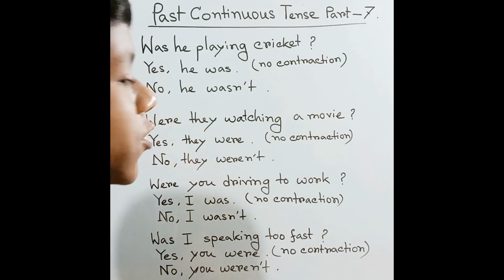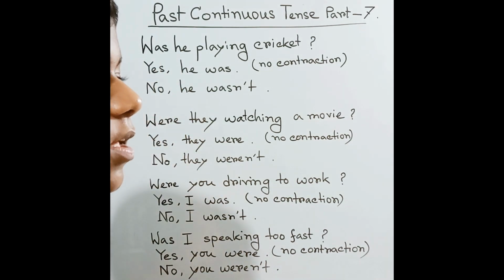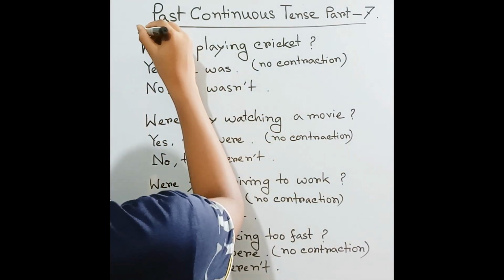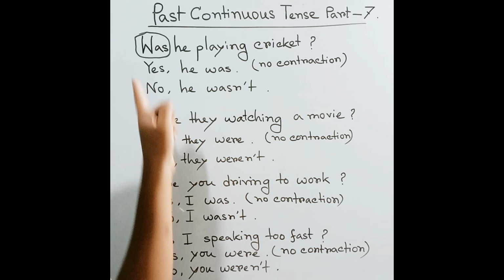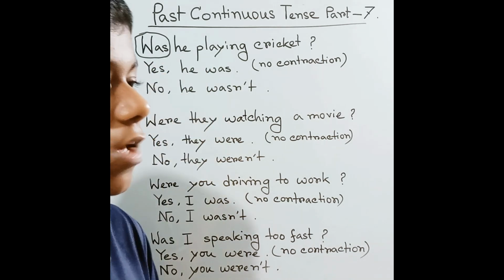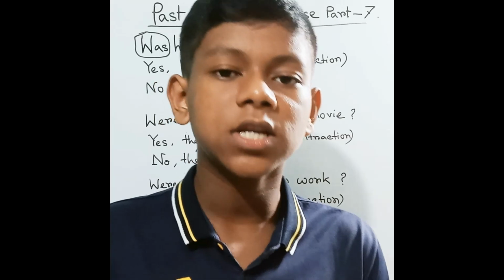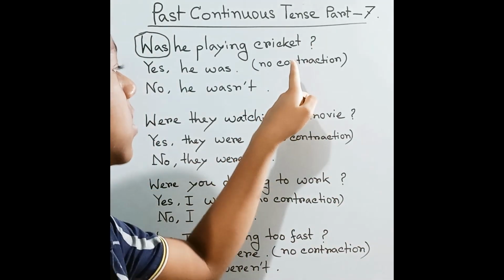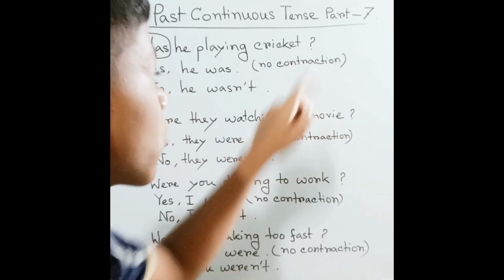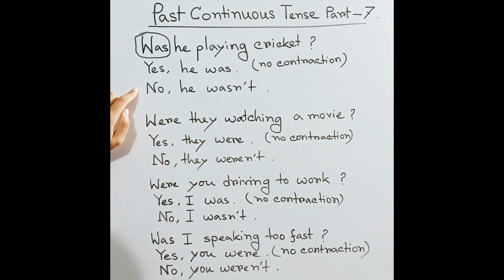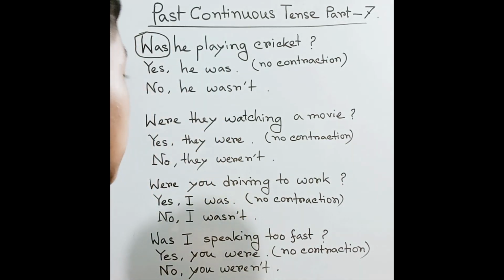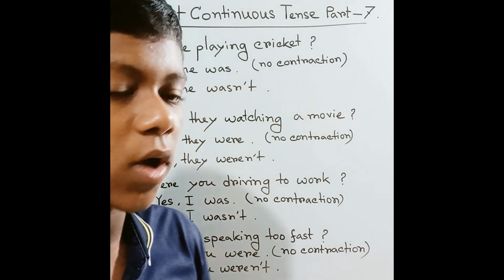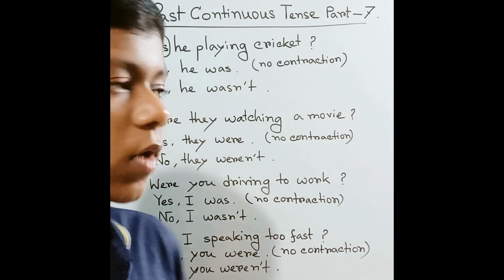The helping verb starts with was, so we have to answer it with was. I forgot to tell you, in the positive sentence we don't use the contraction, but in the negative sentence we have to use the contraction. The question starts with was, so we end the answer with was.